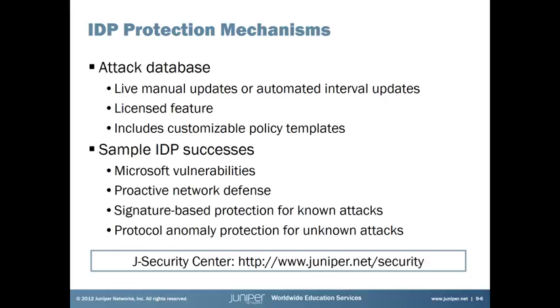So what are some of the things that you can be protected against? Microsoft vulnerabilities, so Microsoft operating system vulnerabilities. As soon as a vulnerability is known, the signature for it is uploaded or updated into the signature database so that the networks behind your firewall are protected from those kinds of attacks.